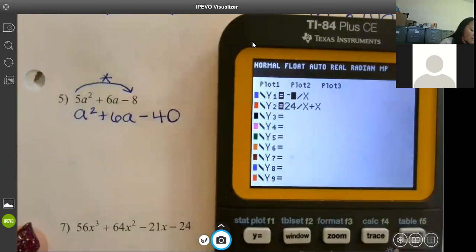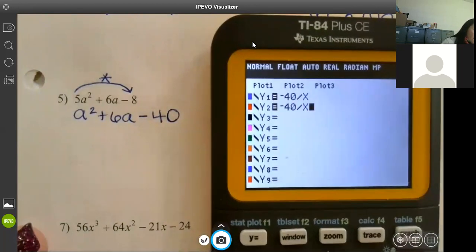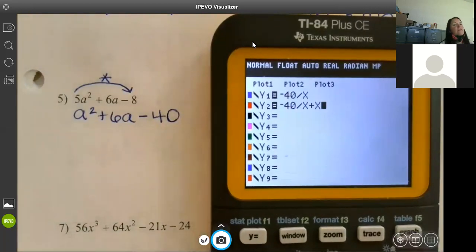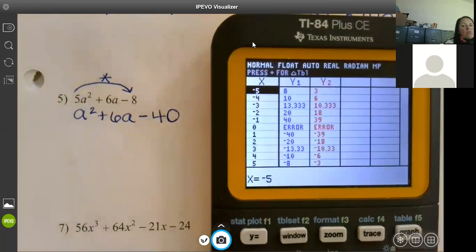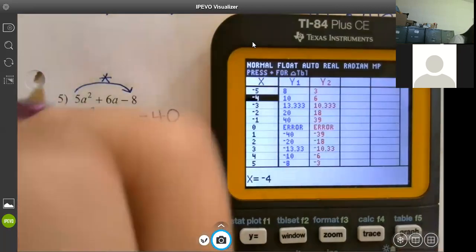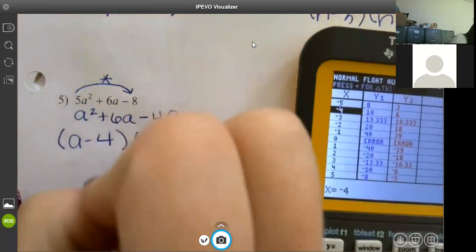So we're trying to find factors of -40. So we do -40 divide x, -40 divide x plus x. And we're looking for a positive red 6. What are the two numbers next to it? -4 and +10. So we're going to write those down.